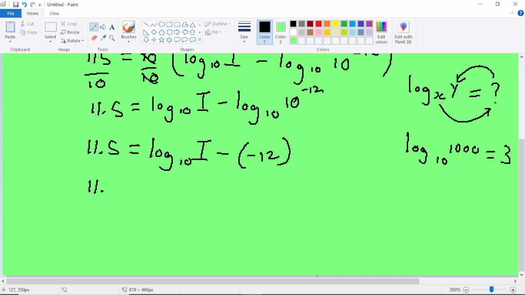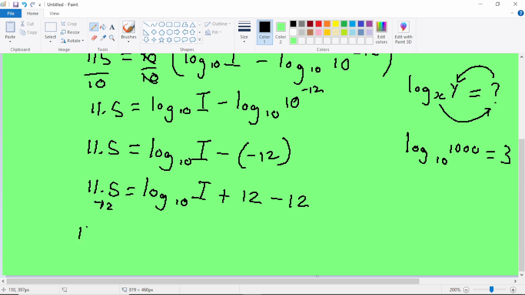So we can write 11.5 is equal to log base 10 of I, and then since we're subtracting a negative number, we're actually adding. So we'll have 12. Then we can subtract 12 from this side, and then we can subtract 12 from that side.